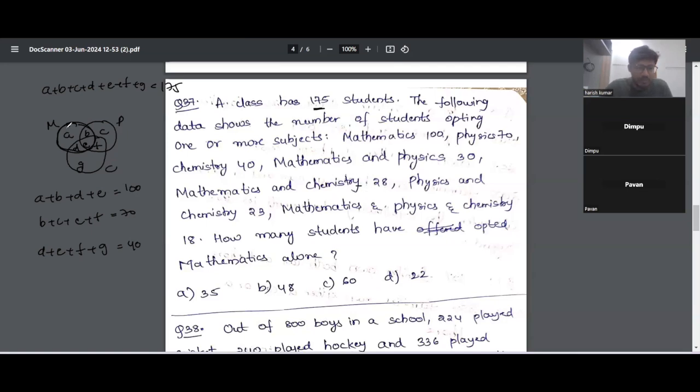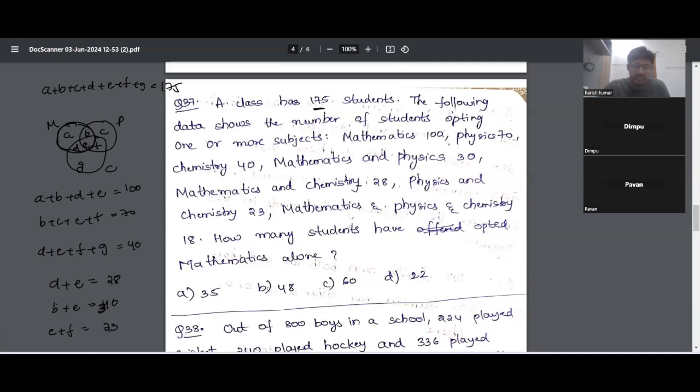This common area is D plus E, which is 28. Mathematics and physics, this common area B plus E, is 30. And physics and chemistry is E plus F, so E plus F is 23.